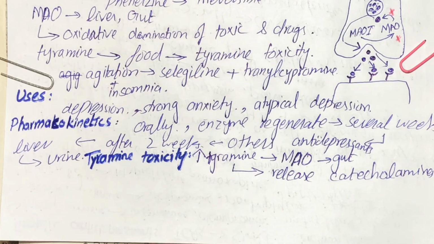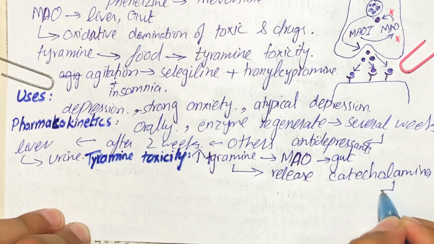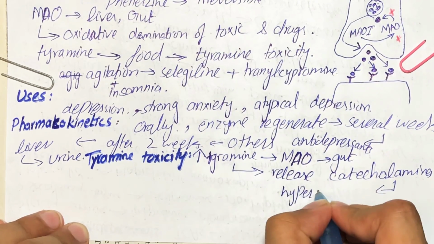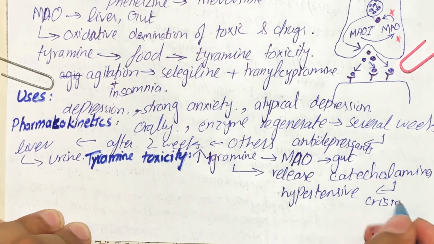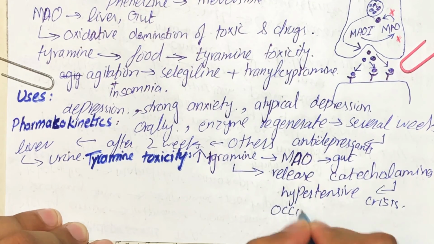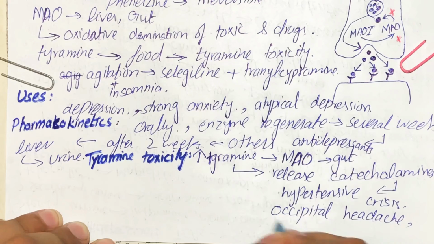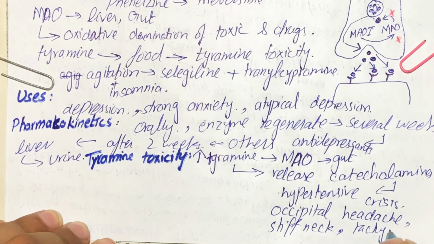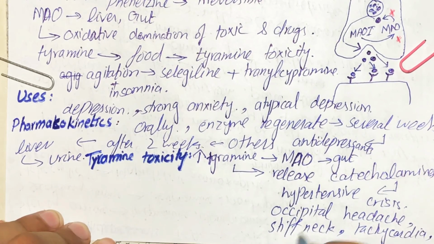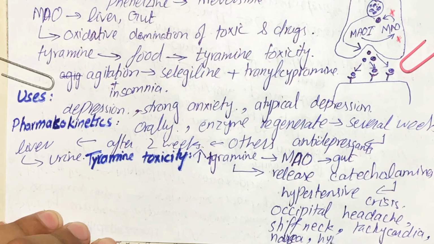Because of the increase of tyramine, there is release of catecholamines from nerve terminals, which results in hypertensive crisis, a very serious condition with signs and symptoms such as occipital headaches, stiff neck, tachycardia, nausea, and hypertension, as its name indicates. It is a hypertensive crisis.